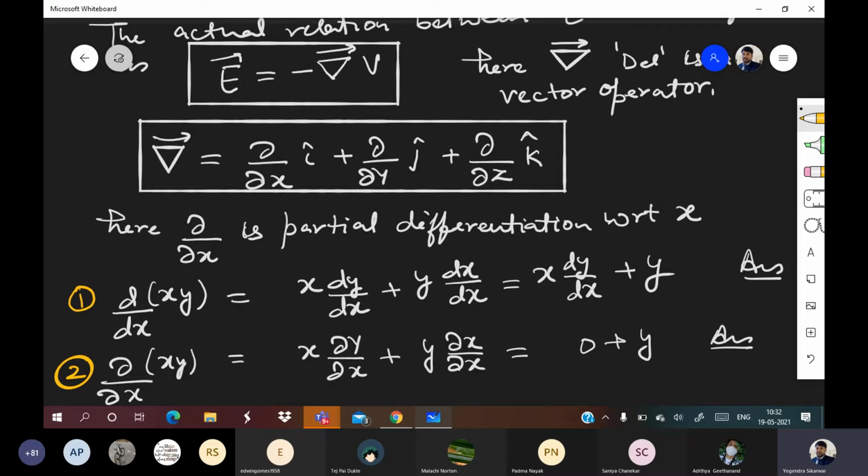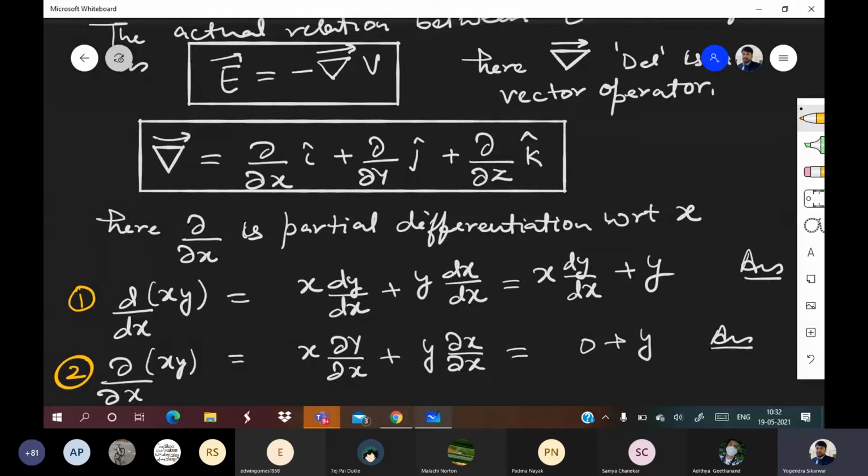So what I was telling you, that in first case, you are doing complete differentiation of xy with respect to x. So what you did, you applied u into v formula.